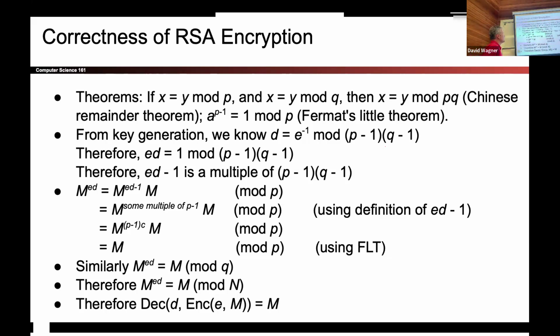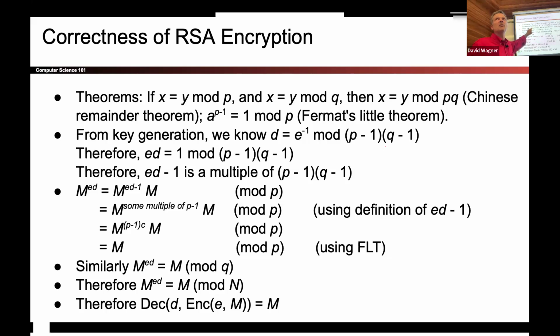So what we're trying to do is figure out what we get back when we decrypt the ciphertext. In other words, we're trying to figure out what the value of M to the E to the D is. M to the E times D power. What does that reduce to? And here, we're going to take advantage of how E and D were chosen. E and D were chosen so they're multiplicative inverses.